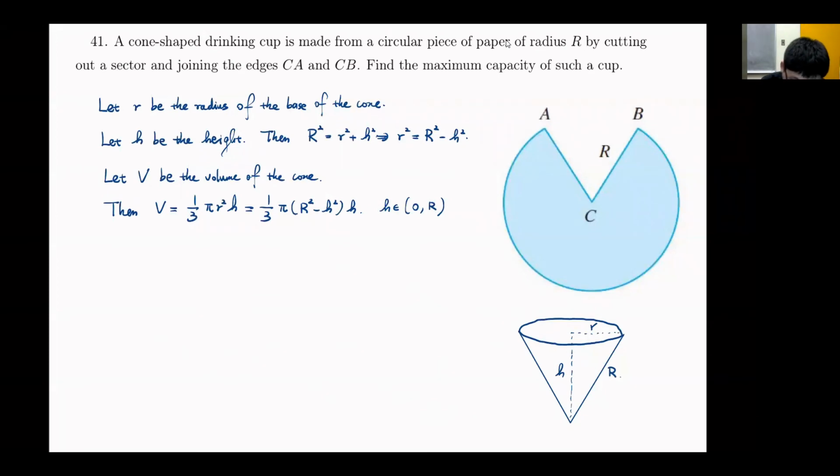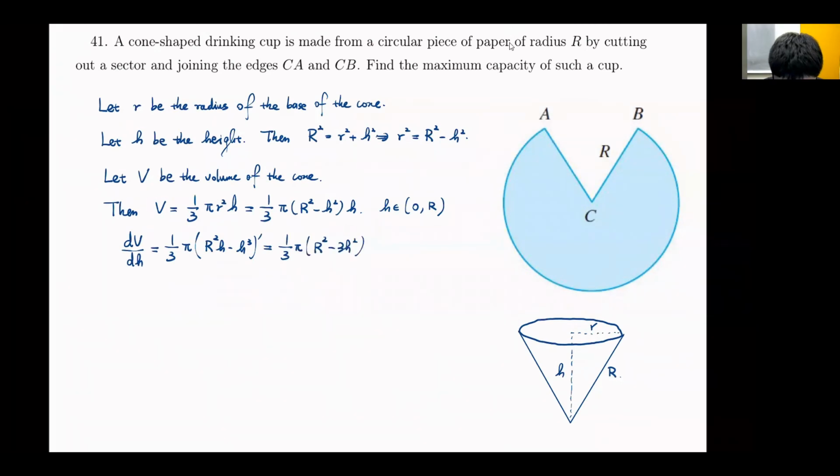And now let's look at the derivative dV over dh. Let me do the derivative by multiplying everything out. That will be (R squared h minus h cubed) prime, and the derivative will be 1/3 pi times (R squared minus 3h squared).